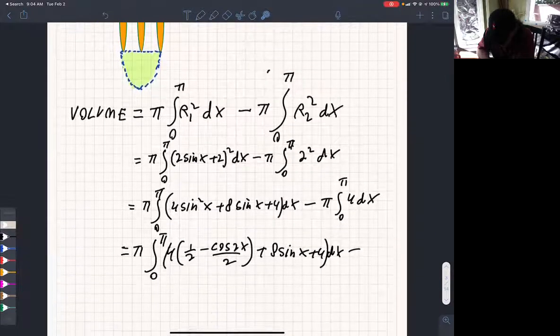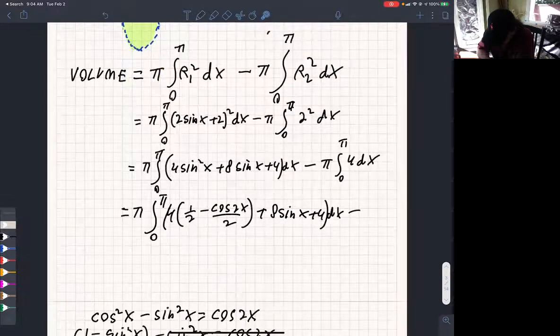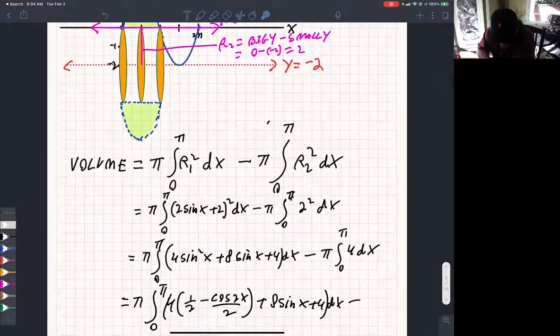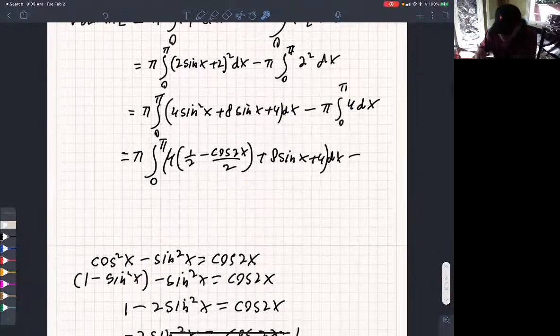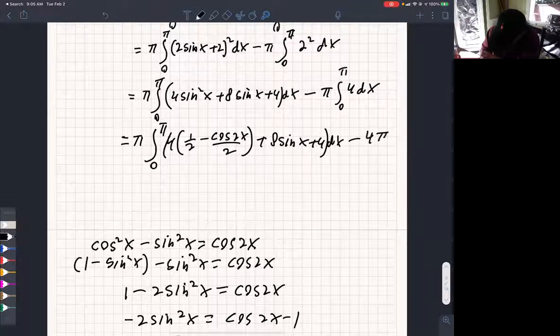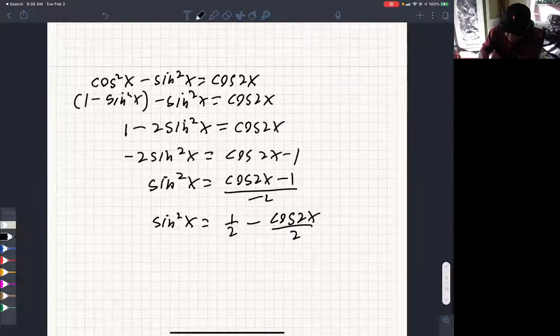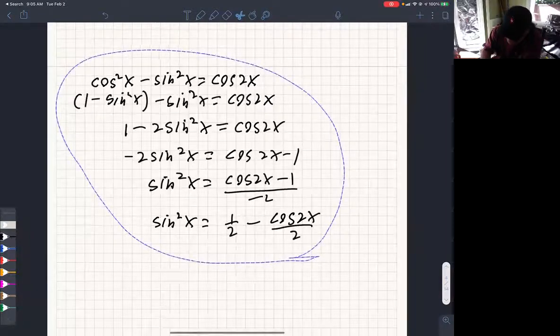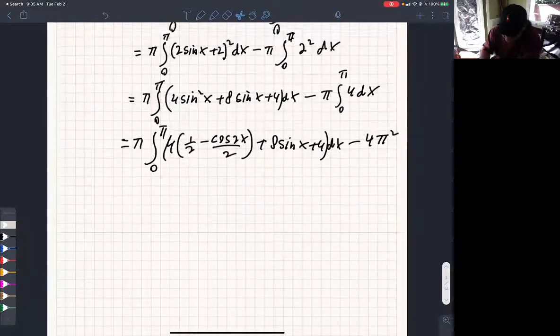What's the area of that? It's going to be pi r squared. So r is 2, 4 pi times pi, 4 pi squared. I'm hoping this answer comes out right, because if it doesn't, I don't want to go back and figure out where I made my mistake.